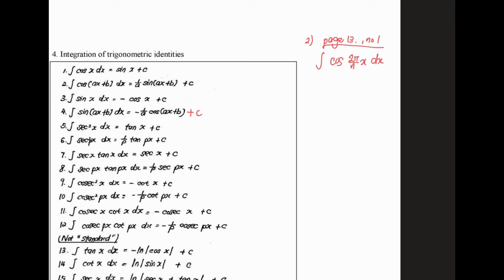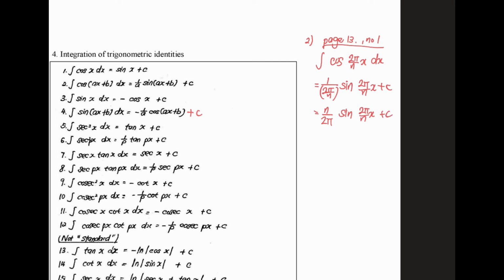So what we need to do is we differentiate 2 pi over n x. So we will get 2 pi over n. So we divide by 2 pi over n. Integrate cos becomes sine. Take back the same angle plus c. Simplify and get this.